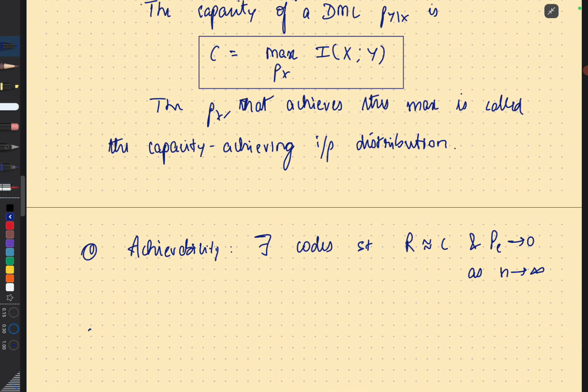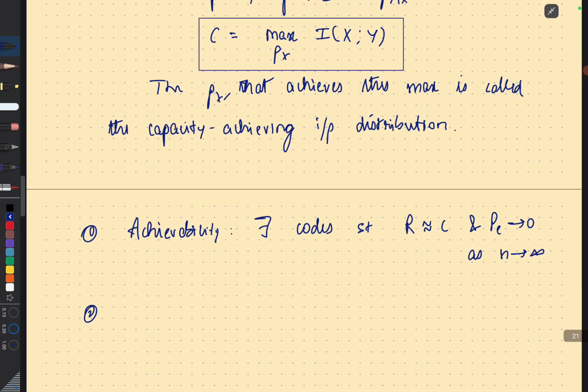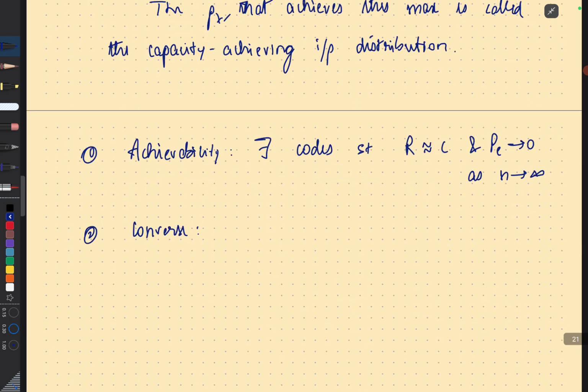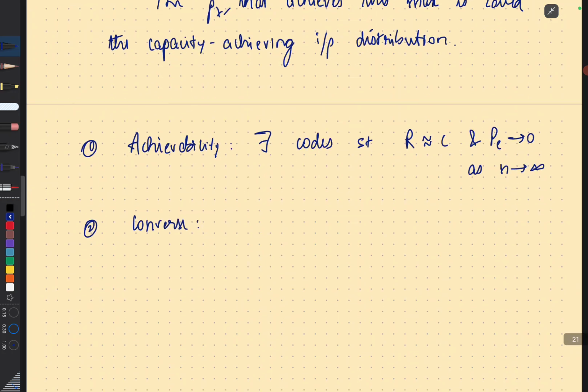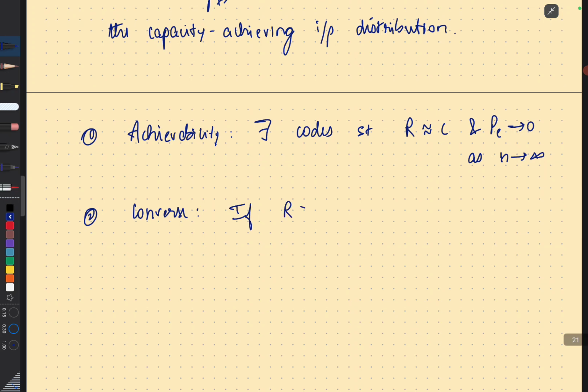And the second, it also says that if you try to operate at a rate above this quantity, above max over Px of I(x;y), then the probability of error can never go to 0 as n tends to infinity.